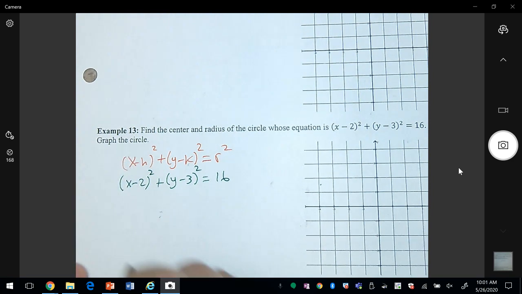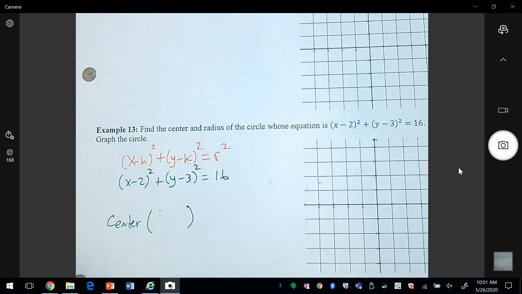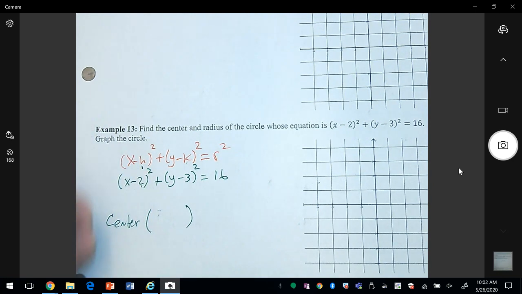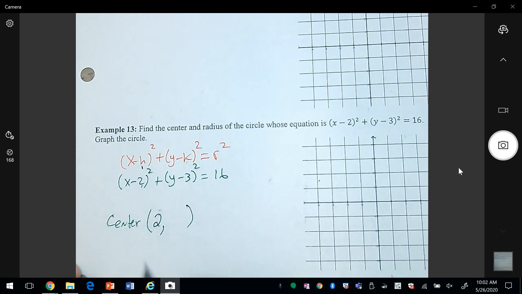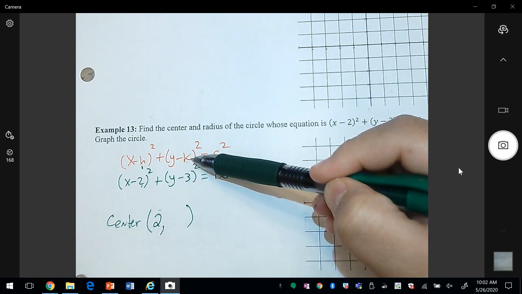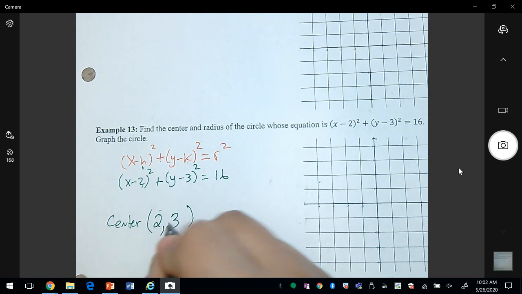In this example, my center, we can see that h is going to be 2. And then over here, if we compare, you got y and y minus. So k is going to be 3. So that's going to be your center.